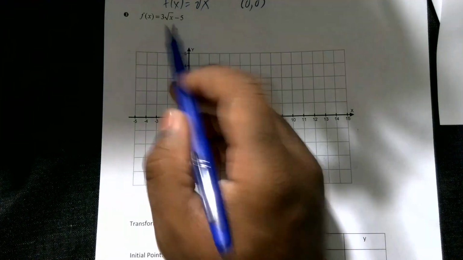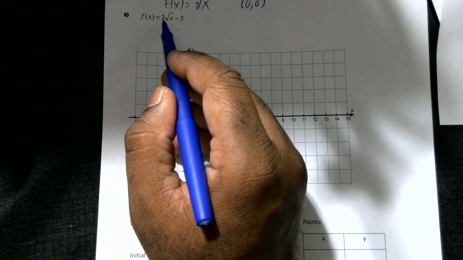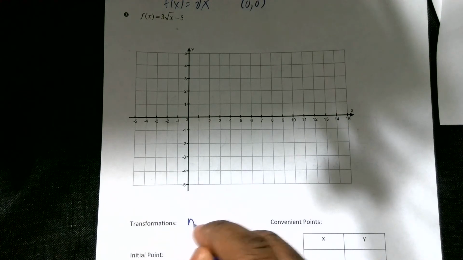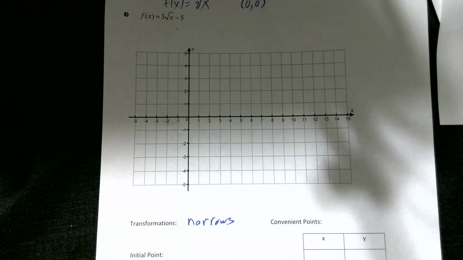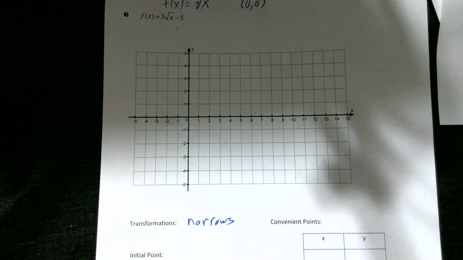So now, if you look here at this 3, that would mean that the graph would narrow. So we would put that the graph narrows, which basically means that it's going to stretch. It's going to accelerate much faster. And then the minus 5 on the outside of the radical means that it goes down 5.